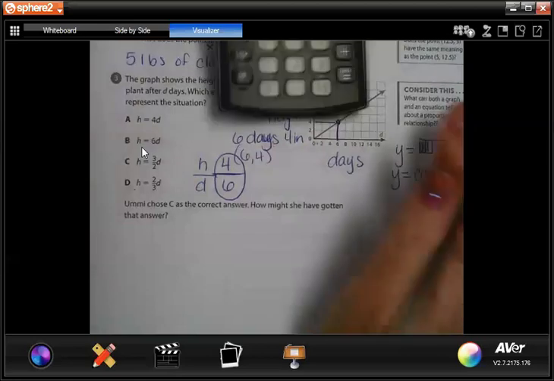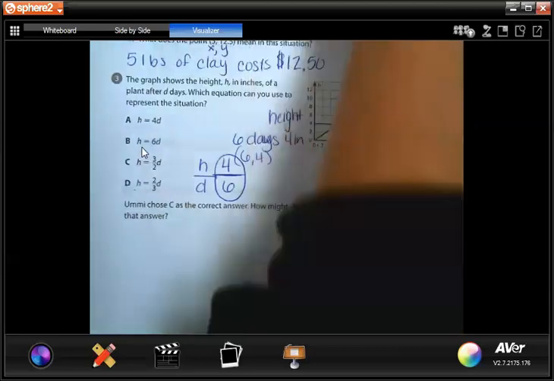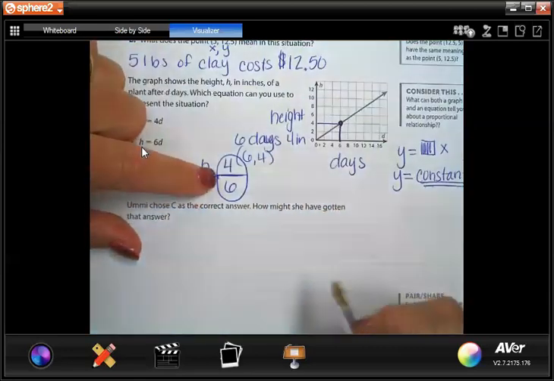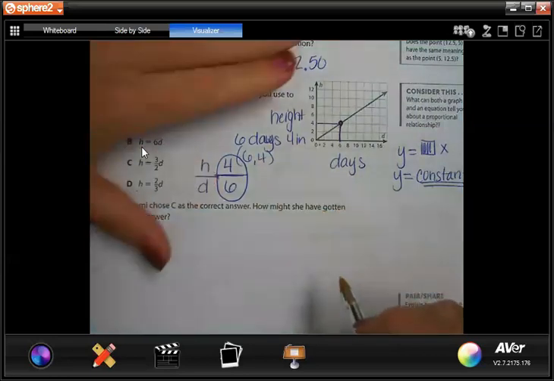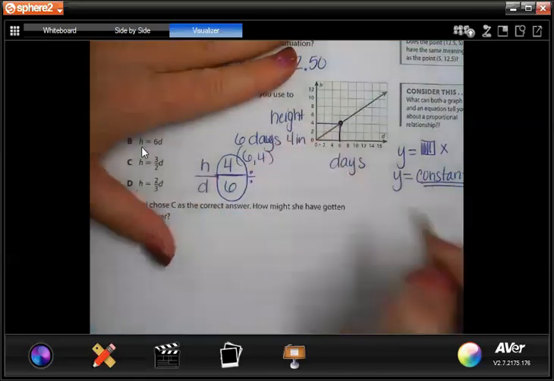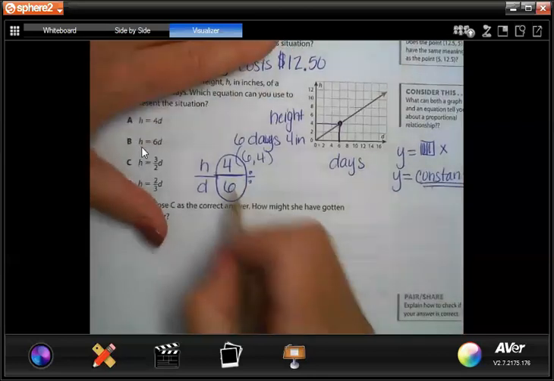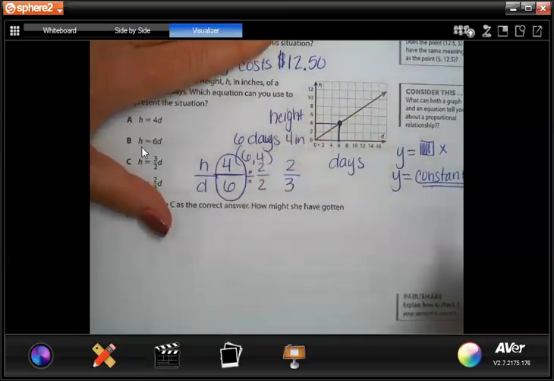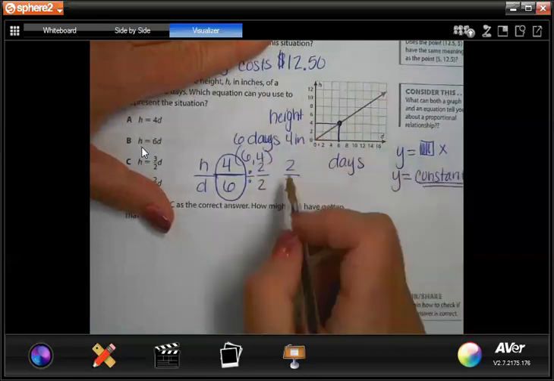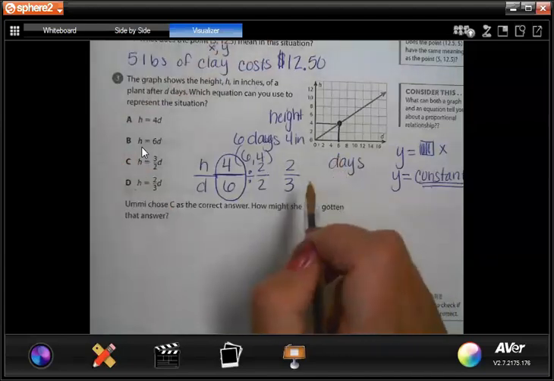So 4 divided by 6, actually better yet, let's reduce this. What's a number that goes into 4 and 6? 2. Okay, remember, you have to keep your mics on right now because I'm recording. All right, so we're going to divide it by 2 and we get 2/3. So what this 2/3 means is that for every 1 day, it grows 2/3 of a height.